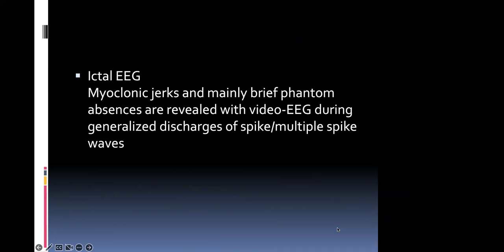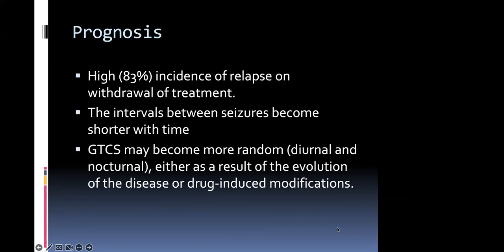Prognosis is a high incidence of relapse on withdrawal of the treatment. The interval between seizures becomes shorter with time. GTCS may become random, either as a result of evolution of the disease or drug-induced modifications.